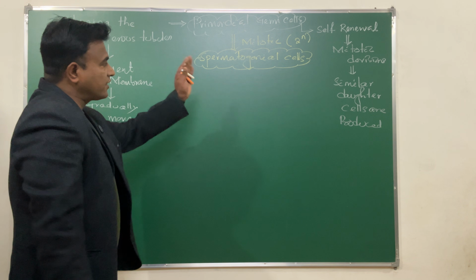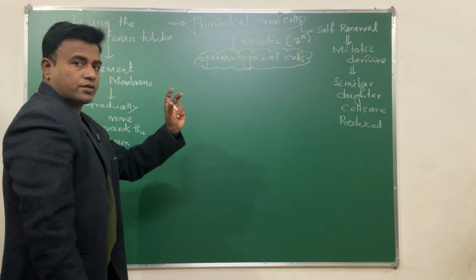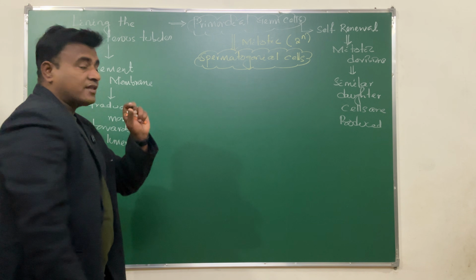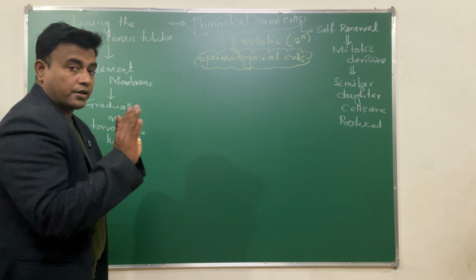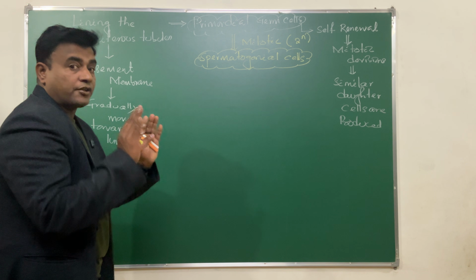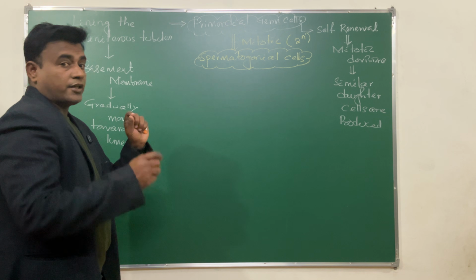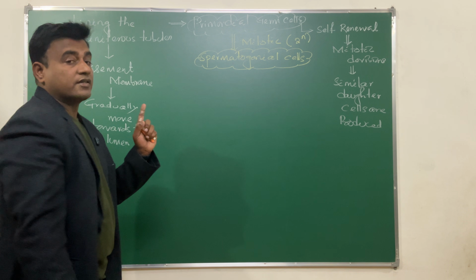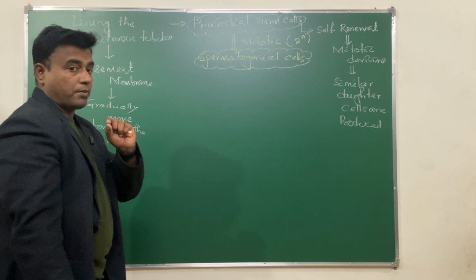They show extensive division, stable DNA, stable nucleus, chromosome number remains diploid, and the cells become a little bit smaller gradually, but they do not lose their cytoplasmic contact. Guys, please remember, cytokinesis is incomplete during the process of these spermatogenic cycles or waves. This is one of the important points to remember.